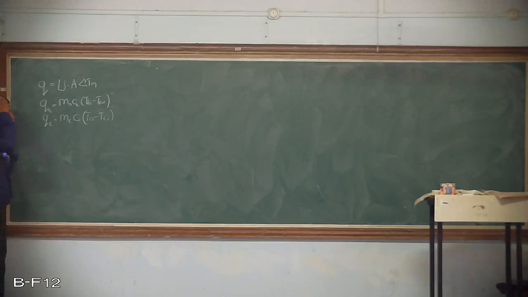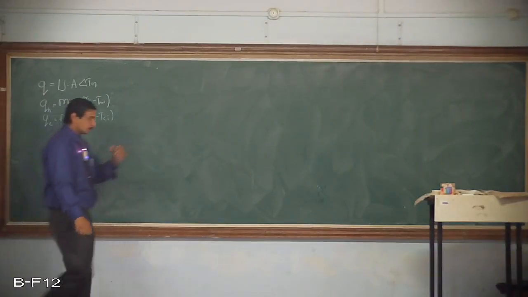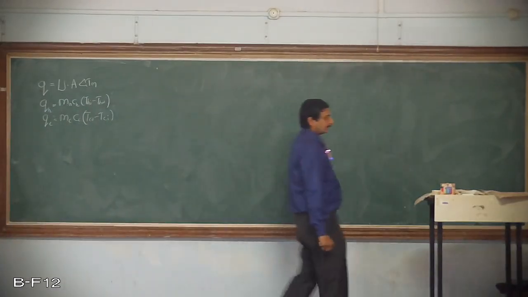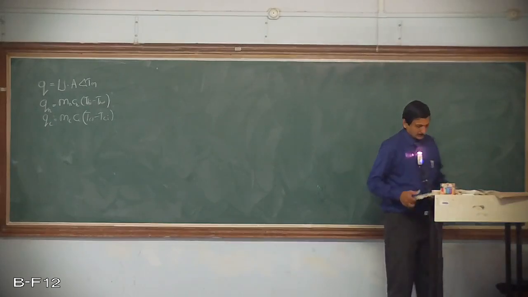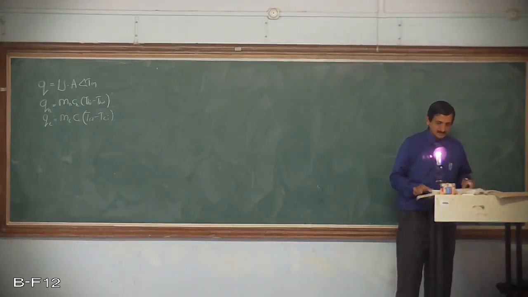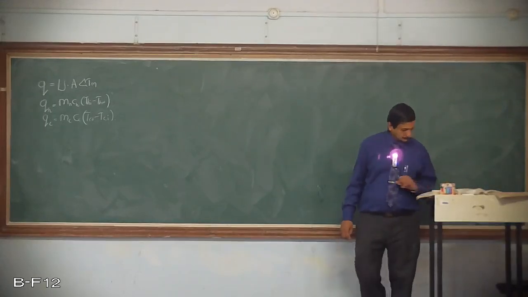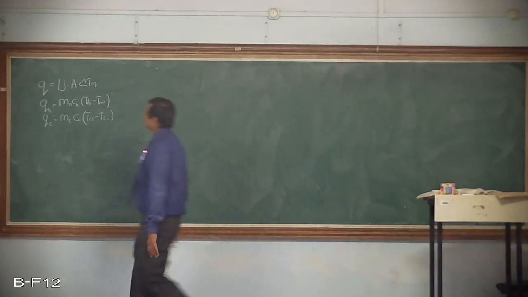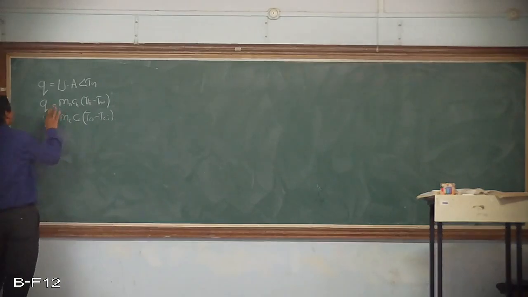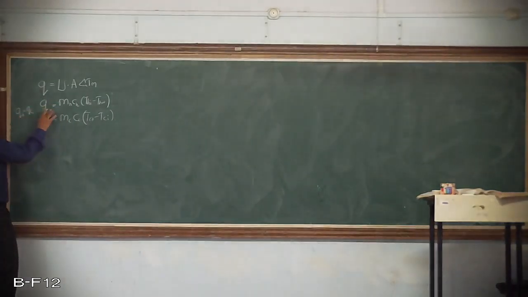Okay, and due to assumption 1, what is assumption 1? Please see the slide. In the slides it is given that due to the first assumption, the heat exchanger is insulated, meaning QH equal to QC. Therefore, I am writing this.